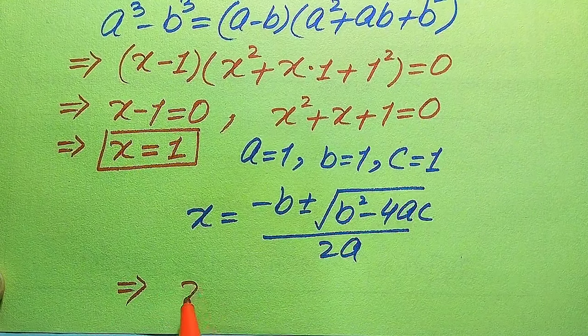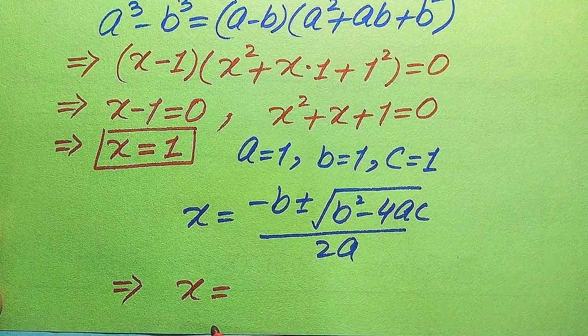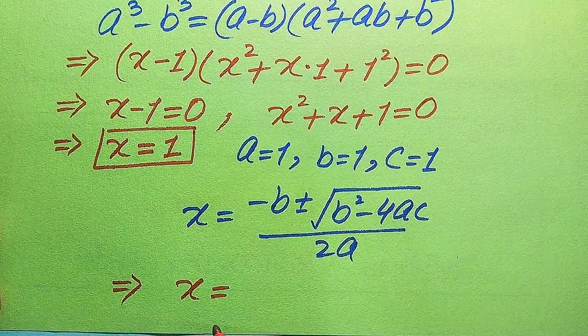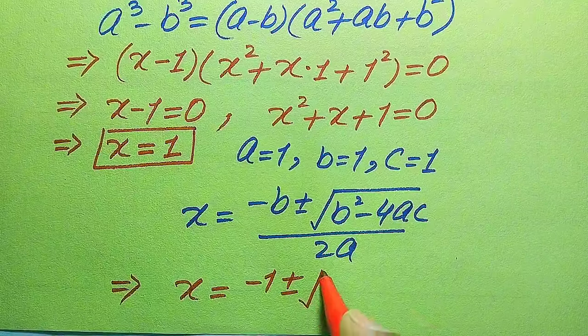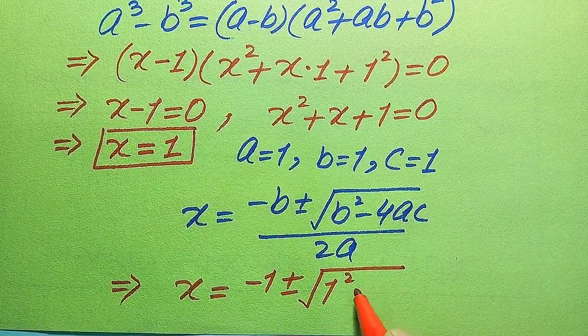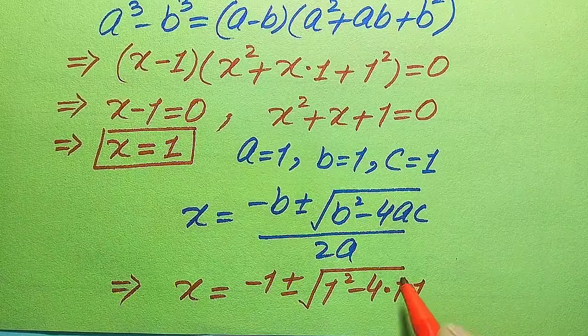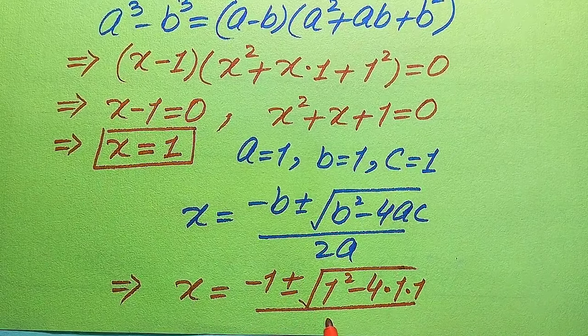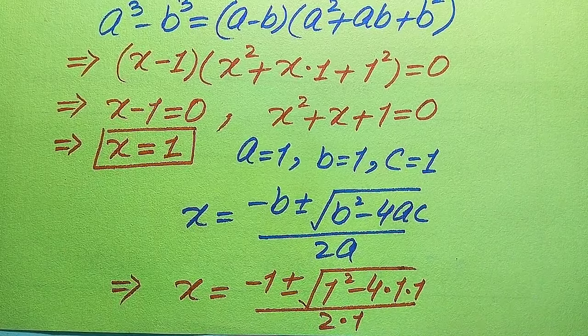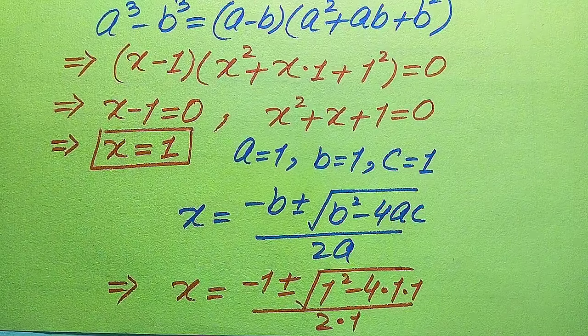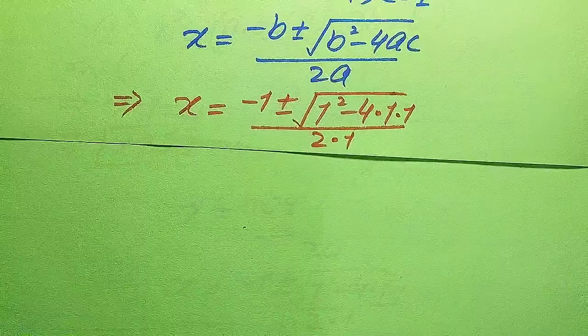So it will be written as x equals, this is minus b, the value of b is 1, it becomes minus 1 plus minus square root of b square minus 4 times ac. Here our a is 1 and c is 1, and it is divided by 2 times a, and here our a is also equal to 1.